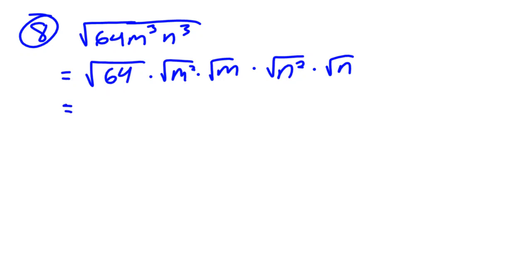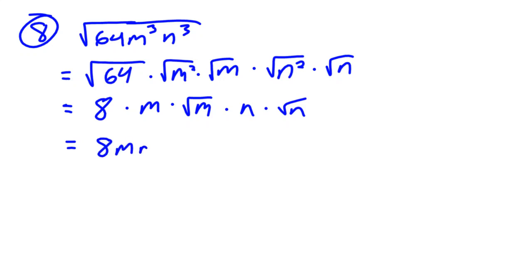So the square root of 64 is 8. Square root of m squared is m. Can't simplify rad m. Square root of n squared is n. And rad n stays rad n. We reorder this, get 8 times m times n rad mn.